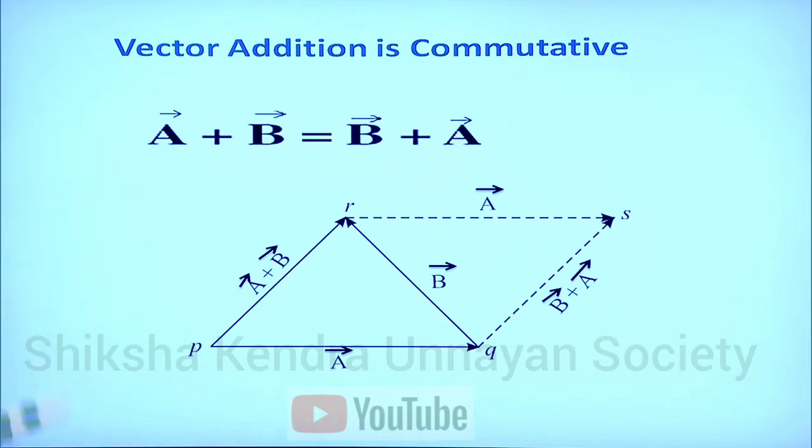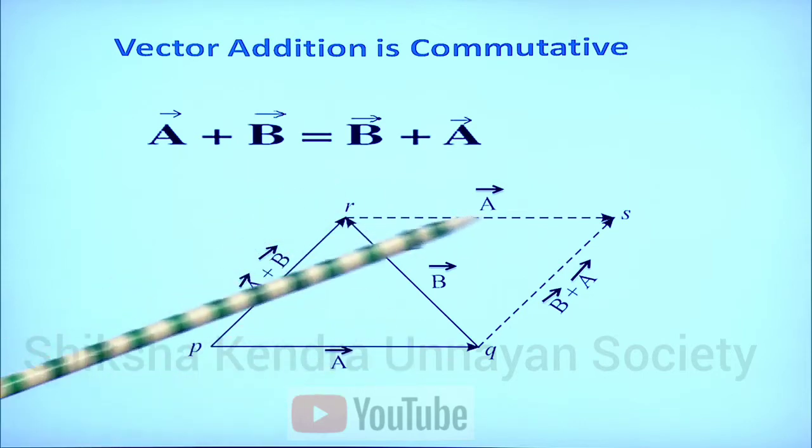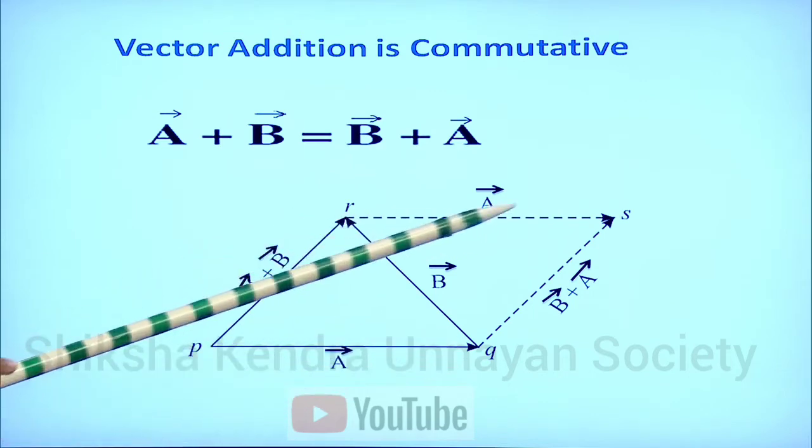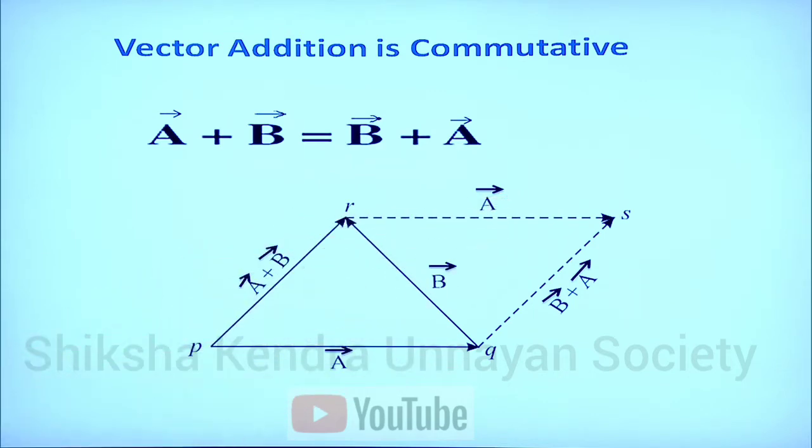Now, B plus A equal to, this is B vector, which is QR, and vector A is RS, which is parallel to PQ and direction is also same. So, RS represents vector A. Now, in triangle QRS, QR represents B vector, RS represents A vector.